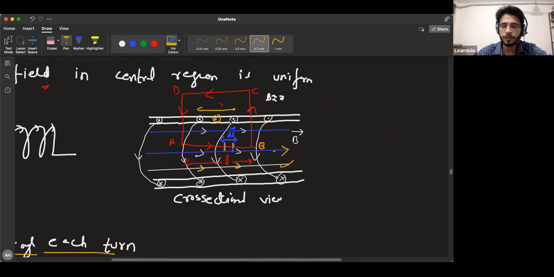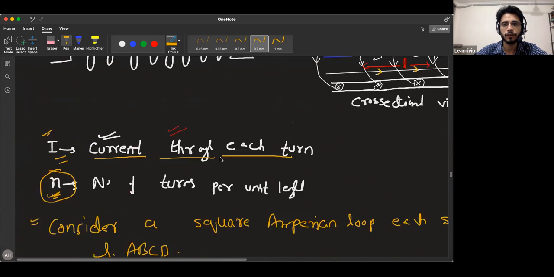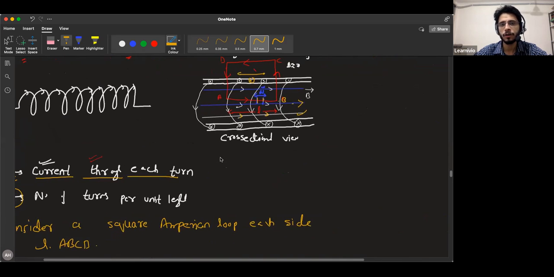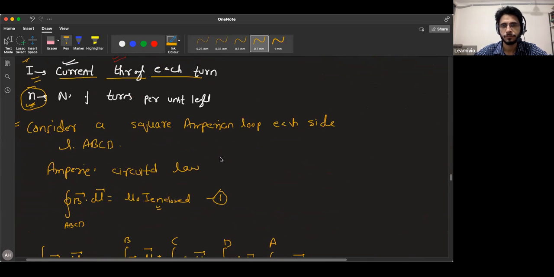That's why we take a number which is small n. Small n is the number of turns per unit length, meaning through 1 meter of the wire, the number of turns is small n. The length of the wire is L. Then how many turns are in this length L? nL. So the number of turns is nL and current through one turn is I. So current through nL turns will be nLI. Clear now? Yes, sir. Got it.